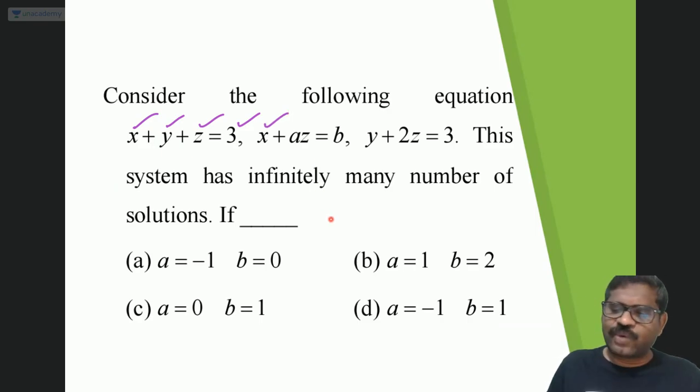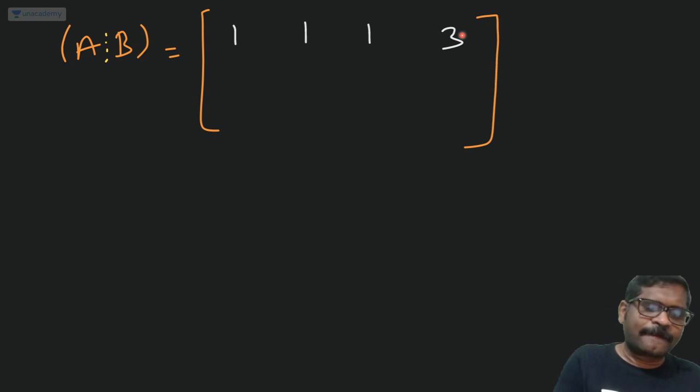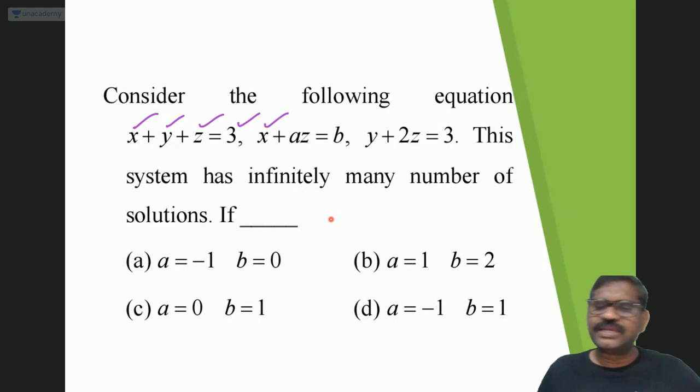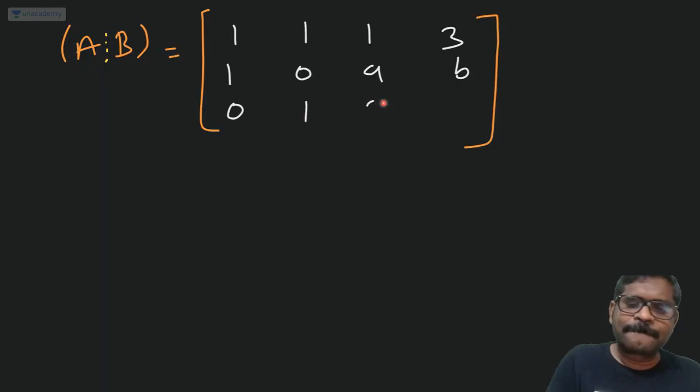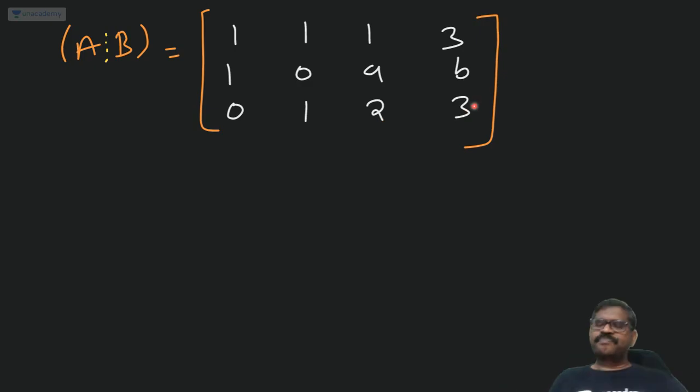That's why 1, 0, A, B. X coefficient is 0. So 0, 1, 2, 3. Understood? Now, I hope you know how to write this augmented matrix AB.